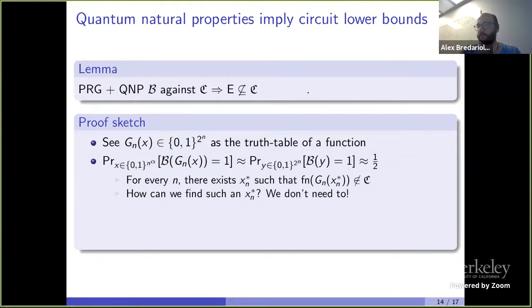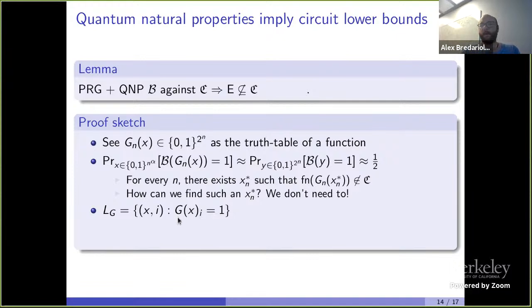And the point is, we don't need to. We just need to define the right language, and the language that will be the hard one that cannot be solved by the circuit class is just given by the pair x and y, where we consider g_x of y, the ith bit of g_x.